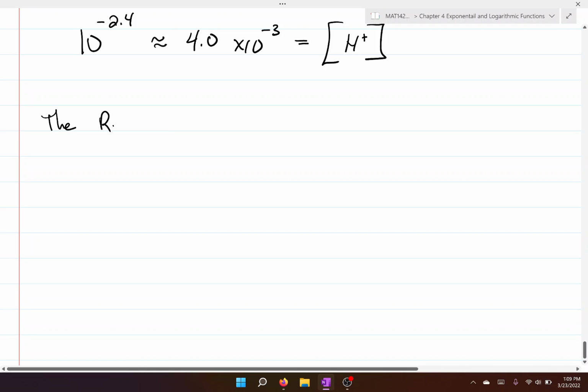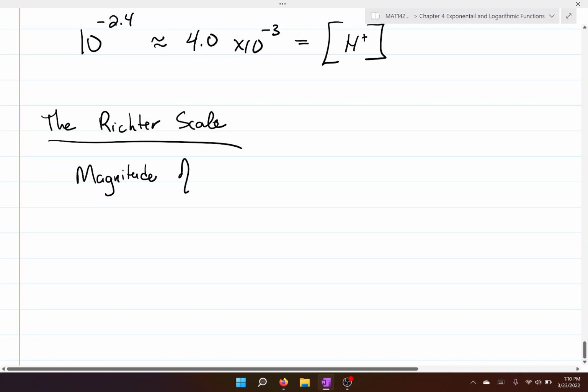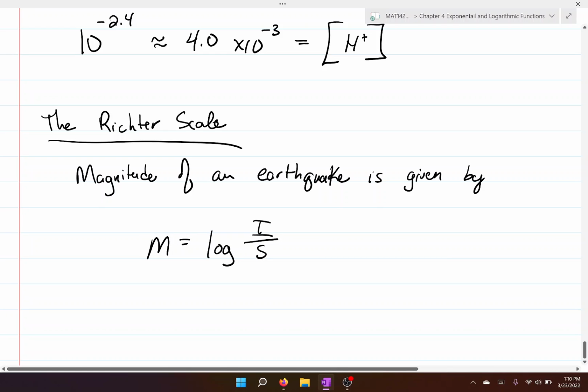Now, the Richter scale is used to measure earthquakes. And the Richter scale is really interesting because it does use logs, but it really puts into perspective how this is measured. So first, the magnitude of an earthquake is given by M equals the log of I over S, okay?